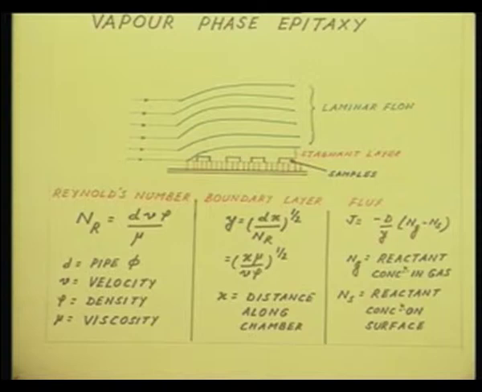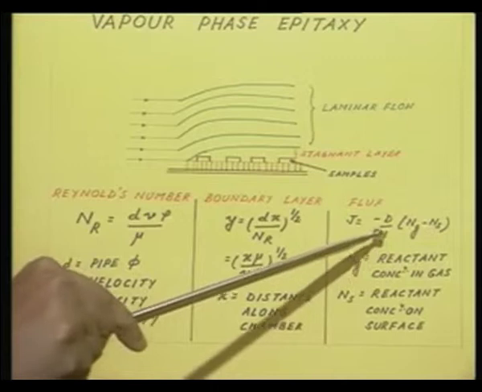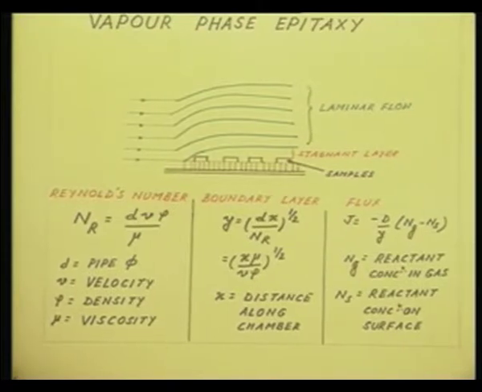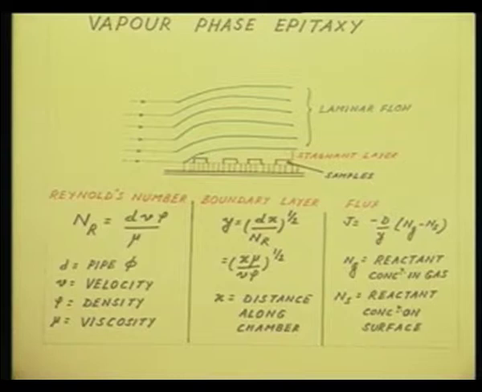Finally, we have the equation governing the flux. The flux is simply given by, there will be a directional movement when there is a concentration gradient. So, this is the concentration gradient, Ng minus Ns divided by Y. Ng is the concentration of the reactants in the gas, Ns is the concentration of reactants on the surface.